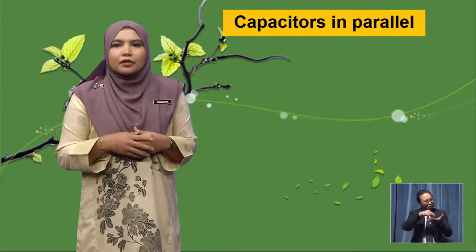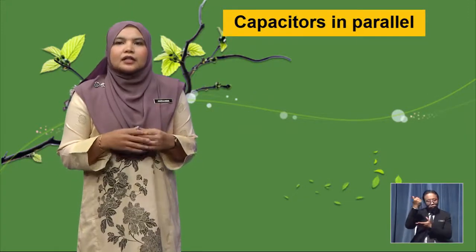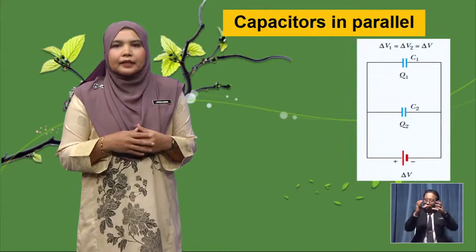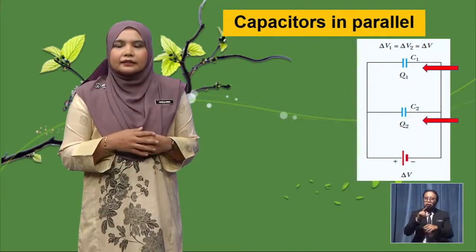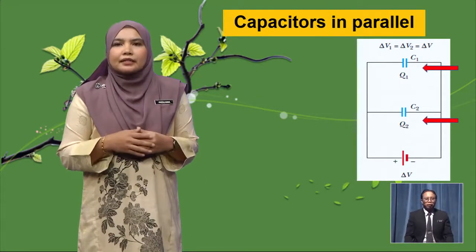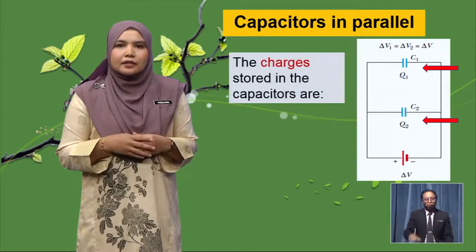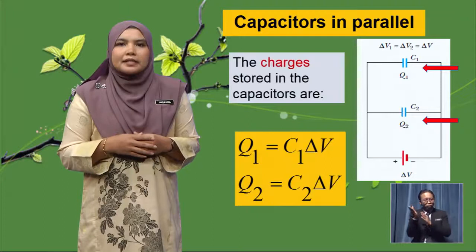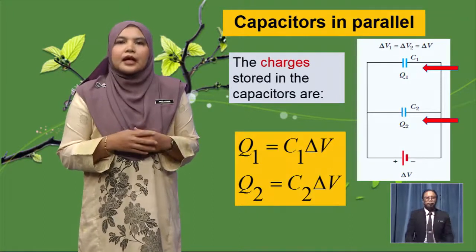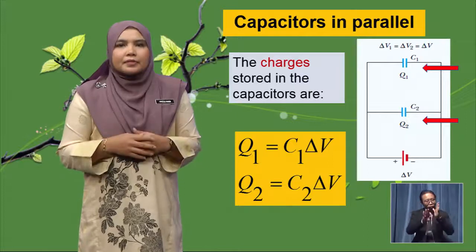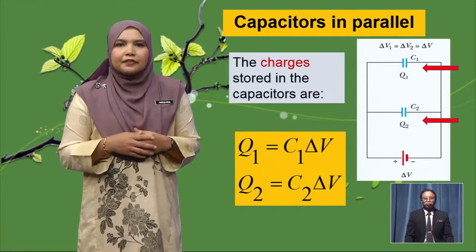This is because the voltage across the capacitors are the same. Hence, the charges stored in the capacitors are Q1 equals C1 times delta V, Q2 equals C2 times delta V respectively.